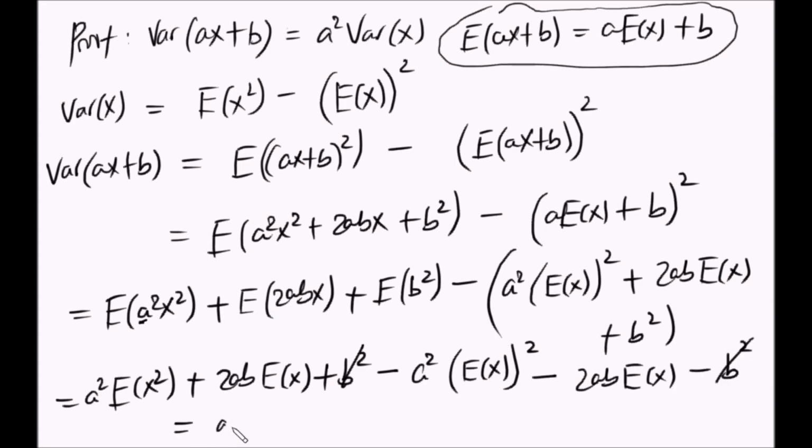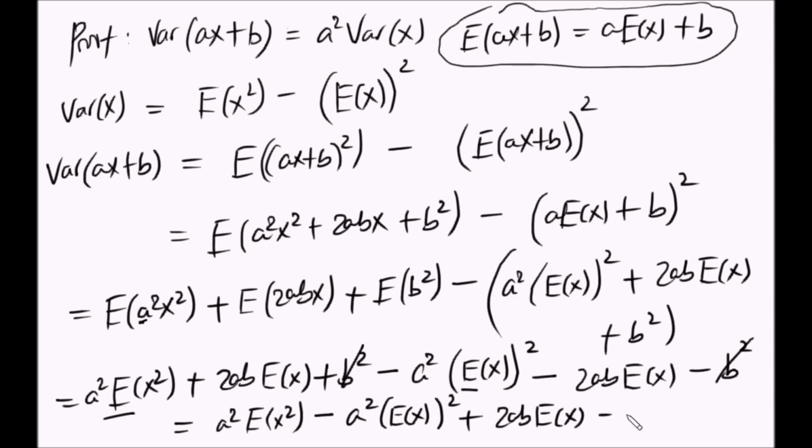So tabaki na a squared expectation ya x squared minus a squared expectation ya x squared. Yani nimechukua huyu minus huyu. Alafu sasa tuna plus 2ab expectation of x and then minus 2ab expectation of x. So you can see this and this is also 0. So tunabaki tuna a squared expectation of x squared na a squared expectation of x alafu yote squared.